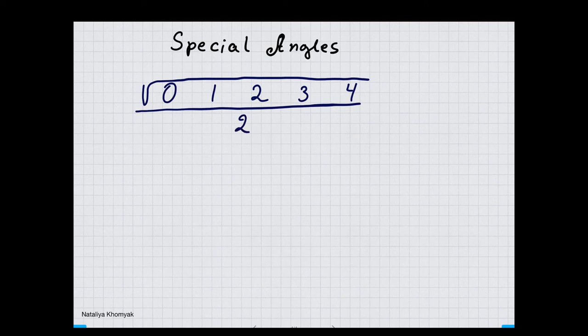From left to right, you will have sine of 0 degrees, 30, 45, 60, 90-degree angles. From right to left, you will have cosine of 0, 30, 45, 60, 90 angles.